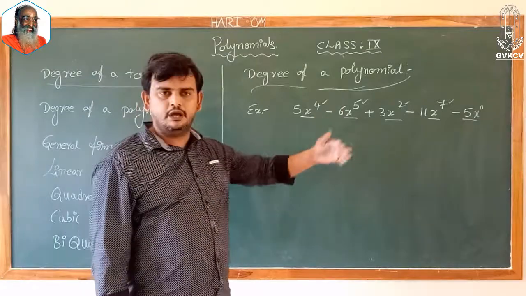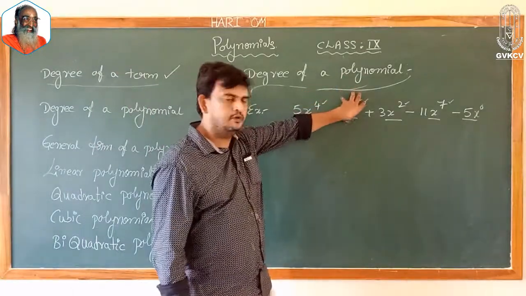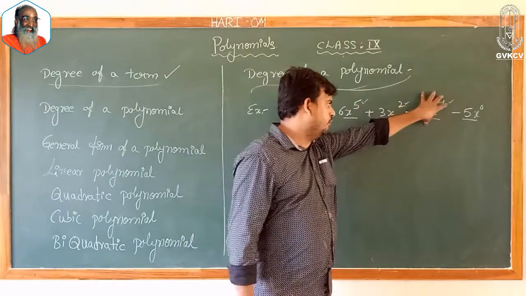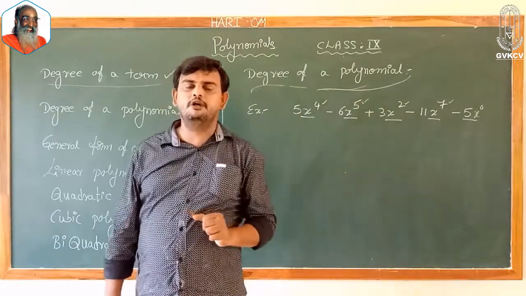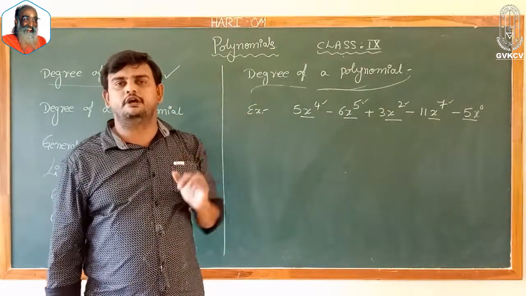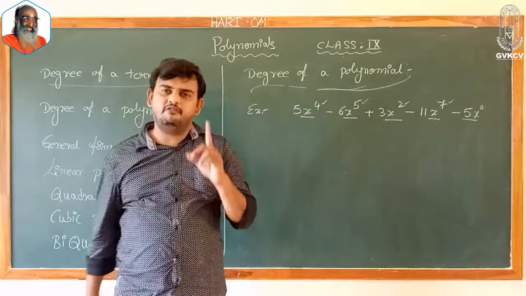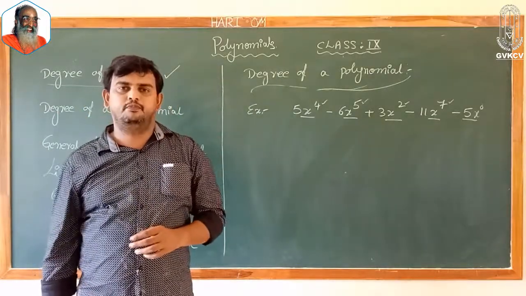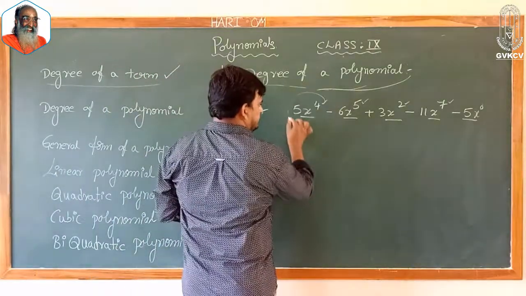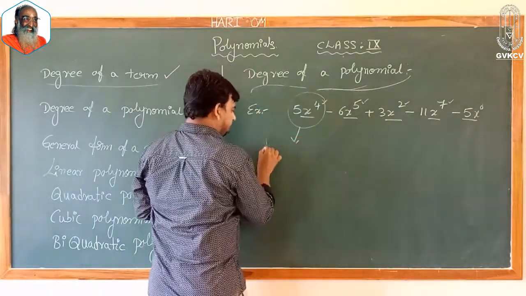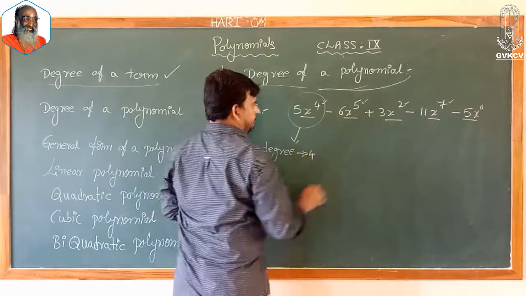Now how many terms do we have in this polynomial? 1, 2, 3, 4 and 5. I have a total of 5 terms. As we know, for every term we have a degree. Here its degree is 4.